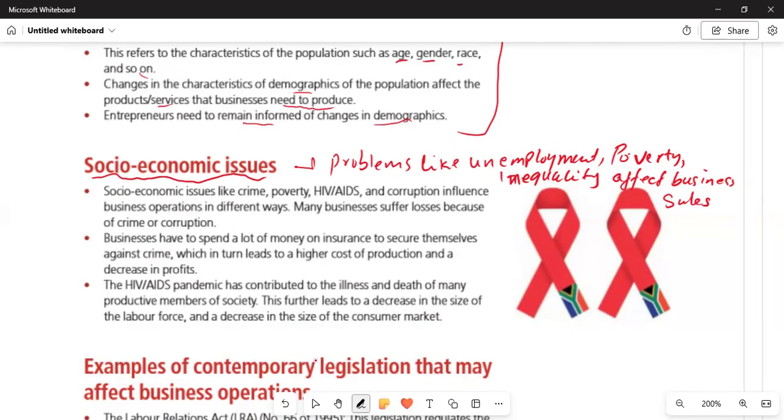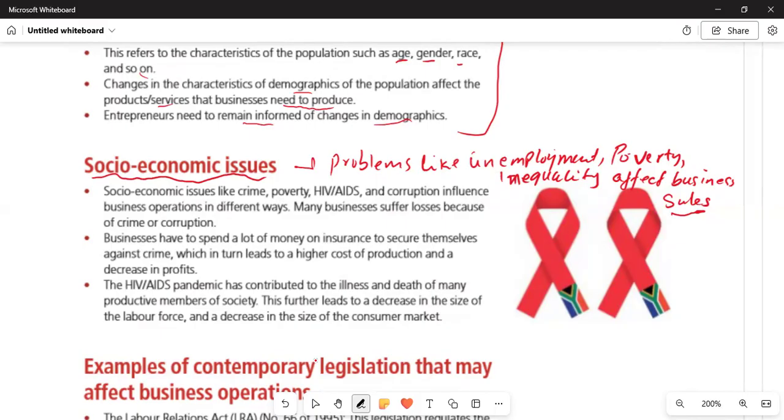So when you talk about socio-economic issues, problems like unemployment, poverty and inequality, they affect the sales of business. Because if people find themselves without a job, as we are talking about unemployment, they are not going to afford to buy the products and services of the business.